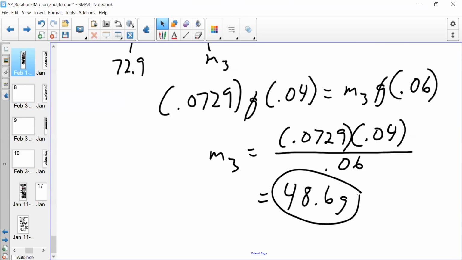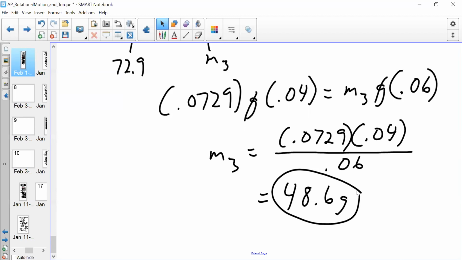So M1, like 8.9, M2, 52, and then M3, 48.6. So that's the continuation of number 8, using balanced torques.